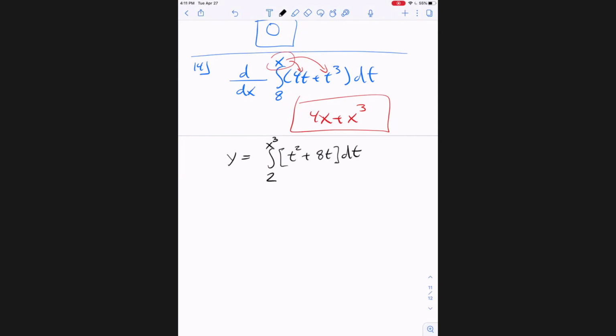All right, you guys try to do this one. So the question would be, find y prime. Using the fundamental theorem of calculus part 2.